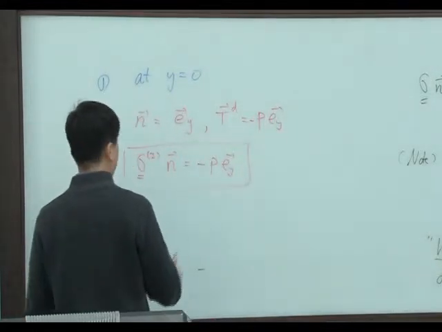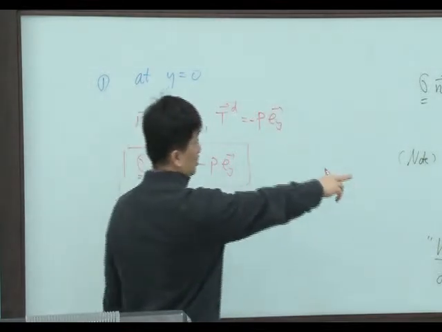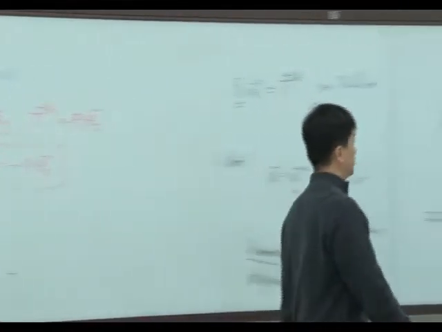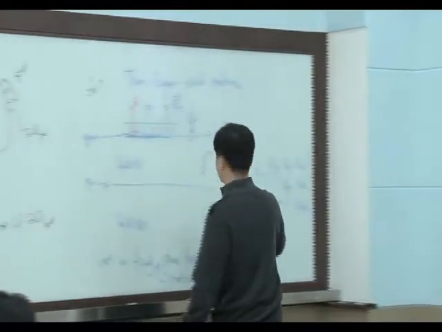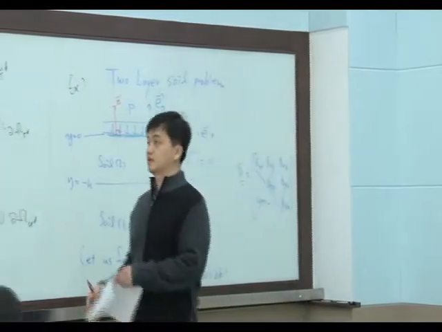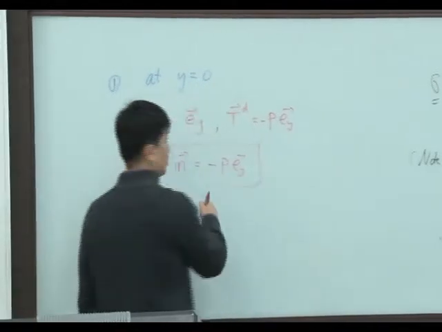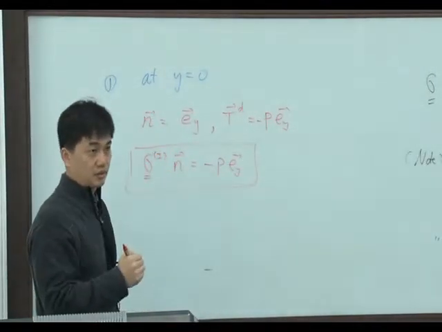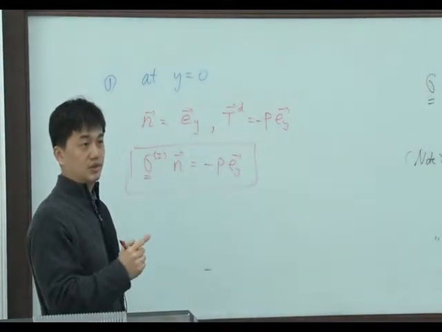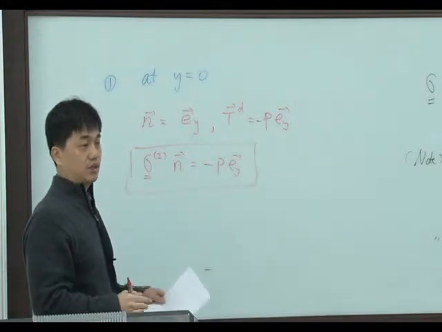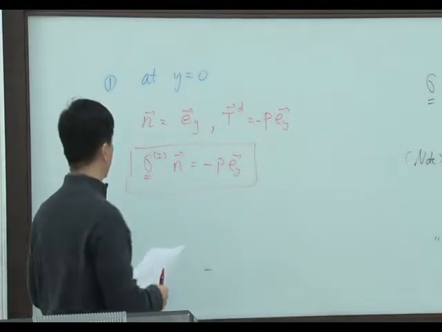Then, let's put this matrix into that equation. Here n equals (0, 1, 0), right? Because this is the base vector E_1.